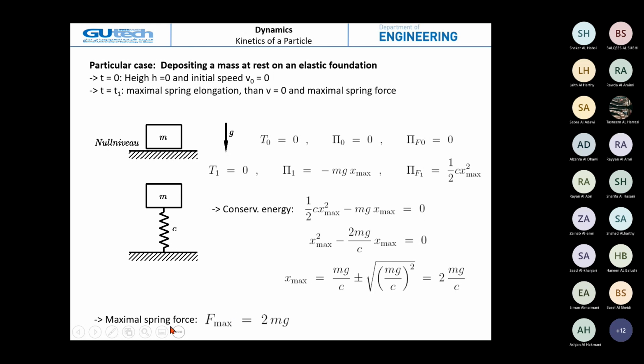The maximum spring force is clear here. The force F max will be equal to 2 times mg, as we know that F max is only c multiplied by x max.